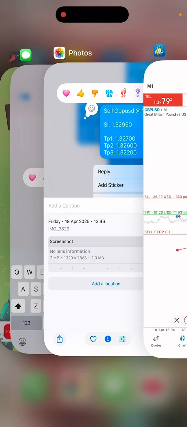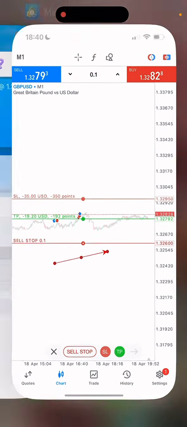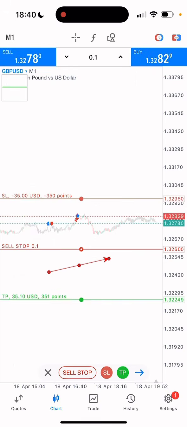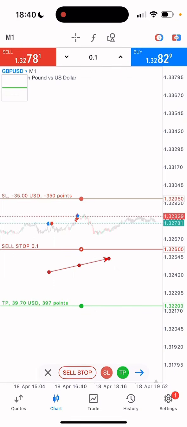What's TP? 1.32. Obviously, I can't use 1.32700. Okay, so for the sake of this example, I'll use 1.32200 because that, as I told you, is a fake signal. I didn't even account for certain things. Okay. Perfect. Just imagine it as 200.